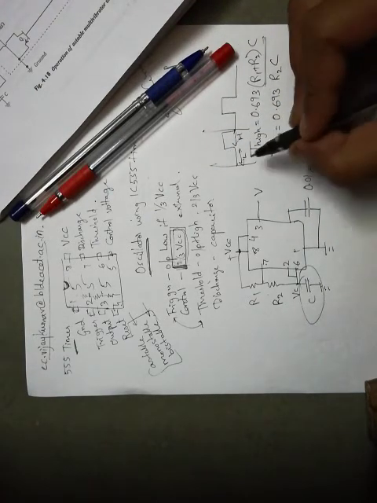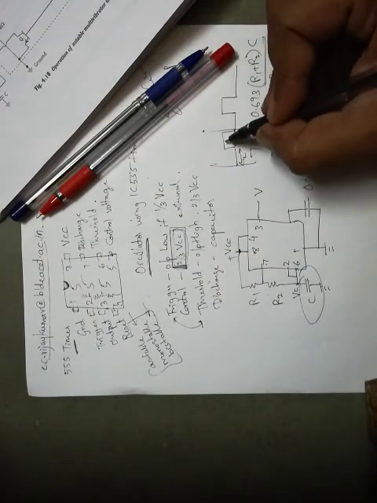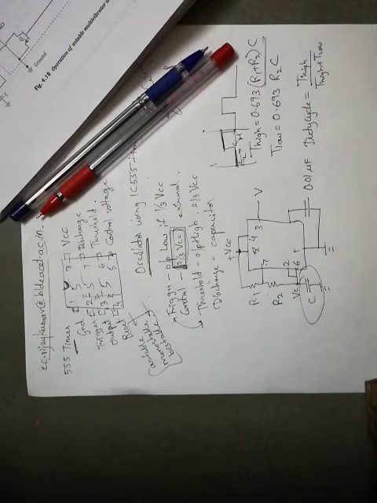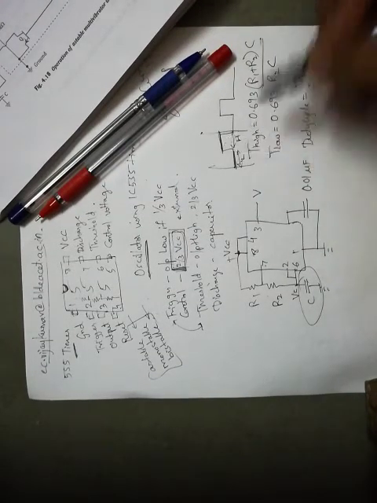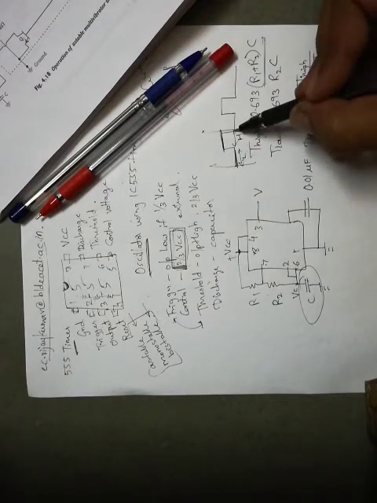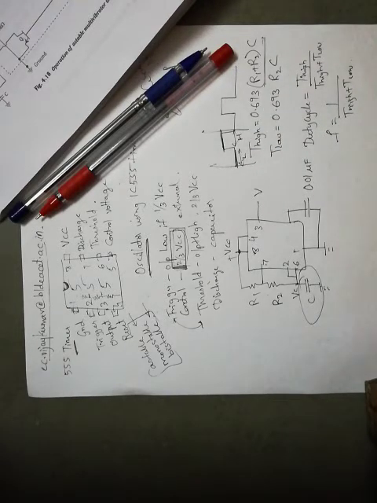Duty cycle for this signal will be 50%, indicating 50% high, 50% low. Duty cycle is how much time it is high divided by total time. Frequency is given by the total time, T high plus T low, means one cycle, how much time it takes. If we take the inverse, that is the frequency of our cycle.